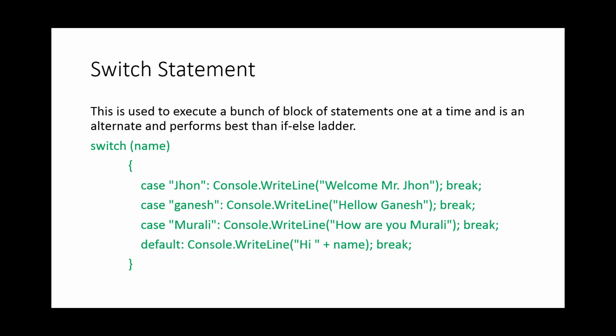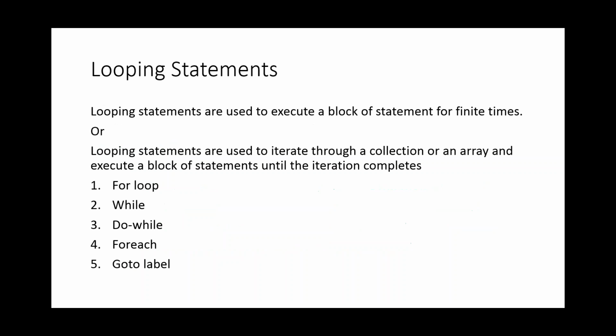That is looping statements. These looping statements are mainly used to execute a block of statements a finite number of times, to iterate through a collection or an array, or to execute a block of statements until the iteration completes.